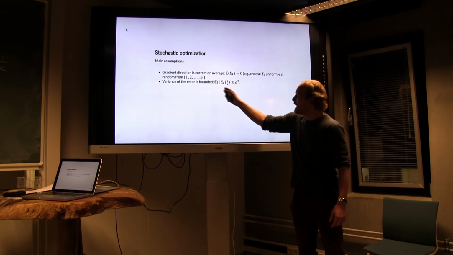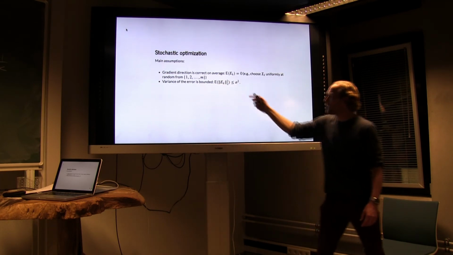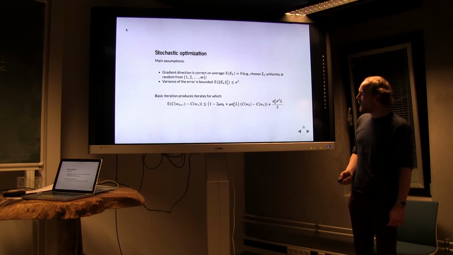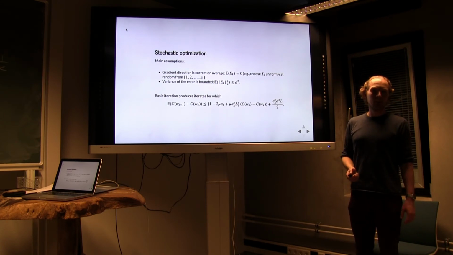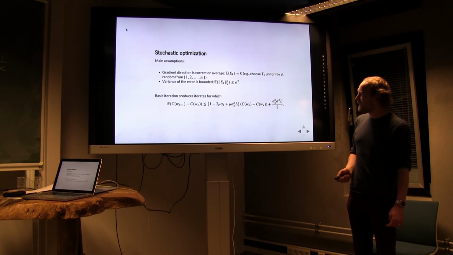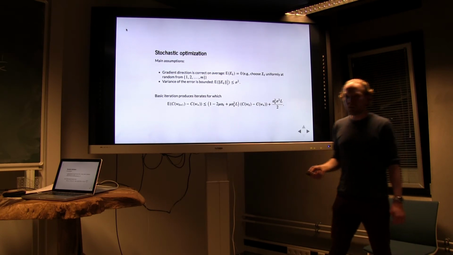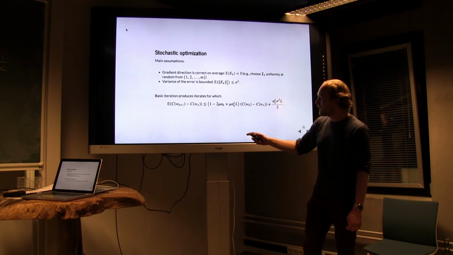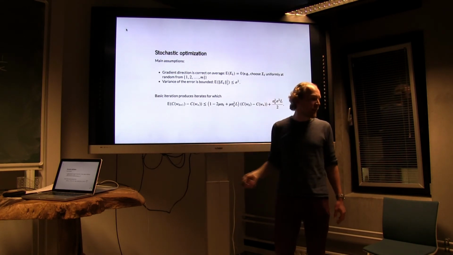The other thing we need is that the variance of this error is also bounded. Then what we get is this. I'll take you through this formula step by step. This basic algorithm produces these iterates, in expectation again, because now we're doing some random sampling.